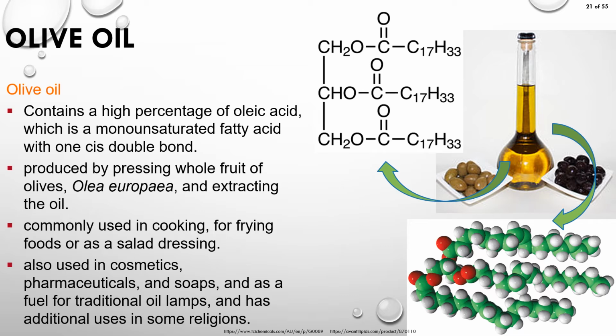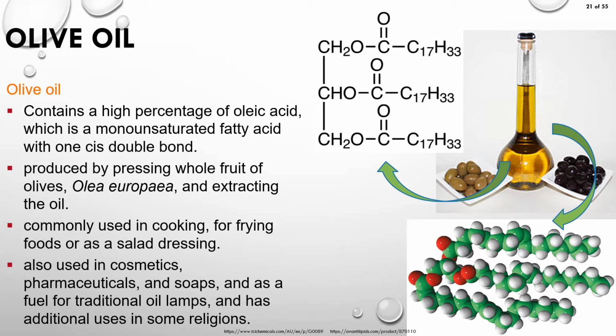Remember, oleic acid is a monounsaturated fatty acid with 18 carbons and with a double bond at C9. So it is an omega-9 fatty acid. Olive oil also consists of smaller amounts of other fatty acids, including linoleic acid up to 21% and palmitic acid up to 20%.